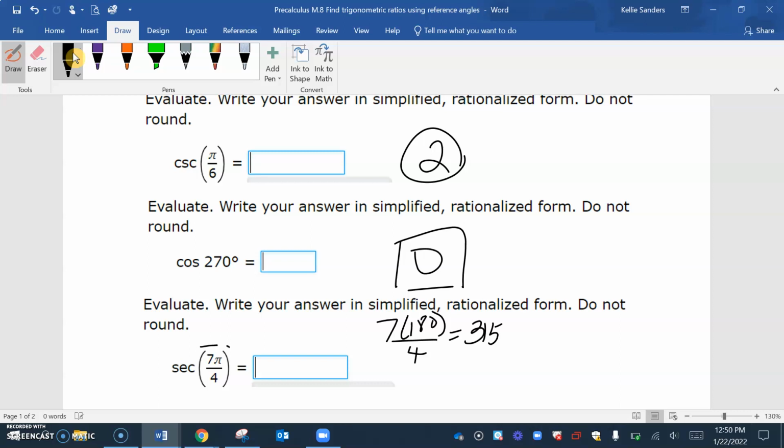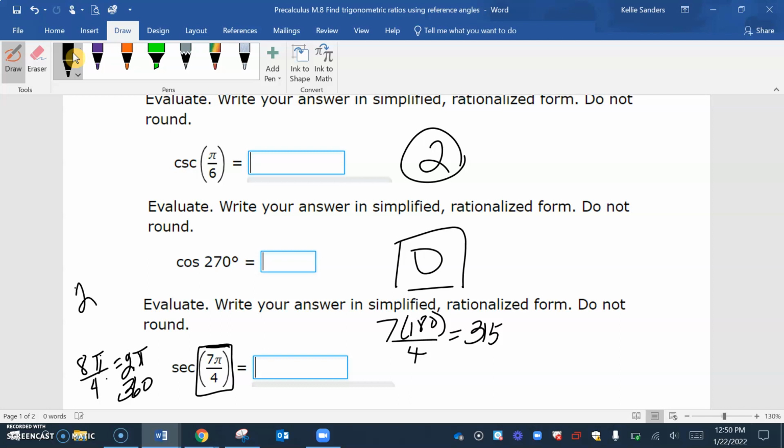Or I see it as this is really close to 8 pi over 4, and 8 pi over 4 is the same thing as 2 pi, and 2 pi is the same thing as 360. So I know it's going to be in the fourth quadrant.